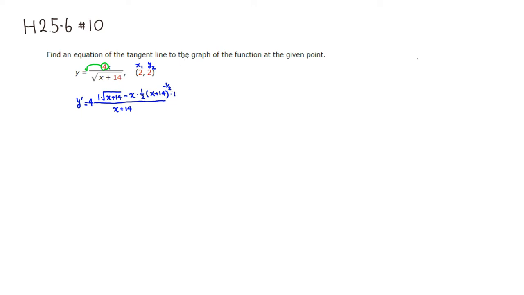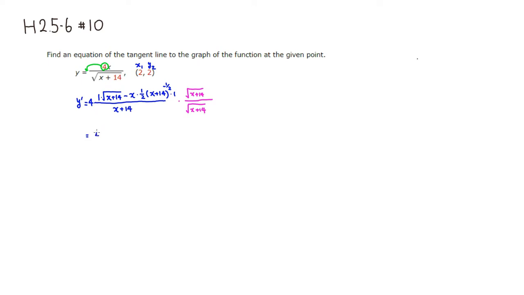Since this is going to be a fraction inside a fraction, I'm going to multiply top and bottom by, say, the square root of x plus 14. We do the same thing to the denominator, x plus 14, so that it will look a little bit better.